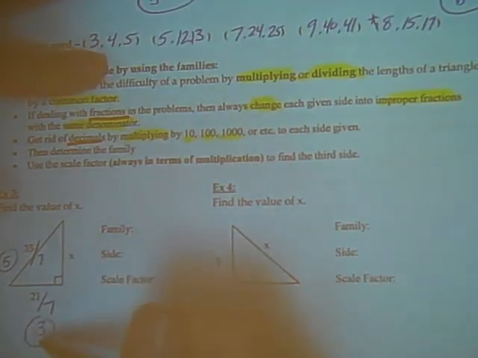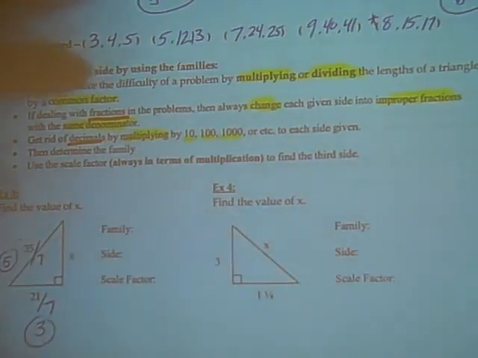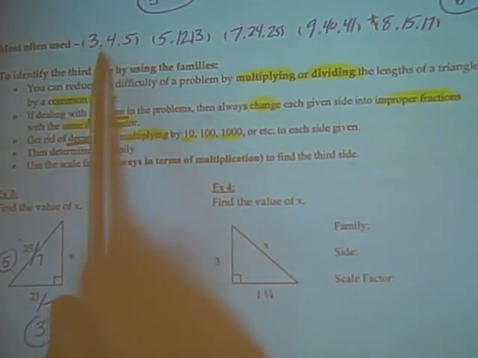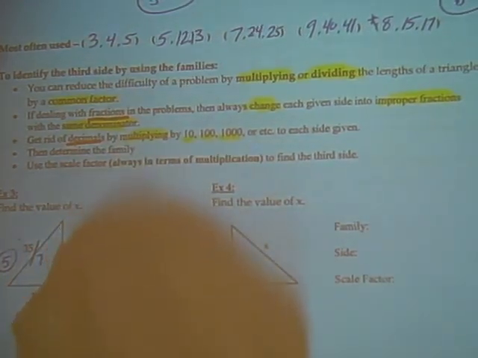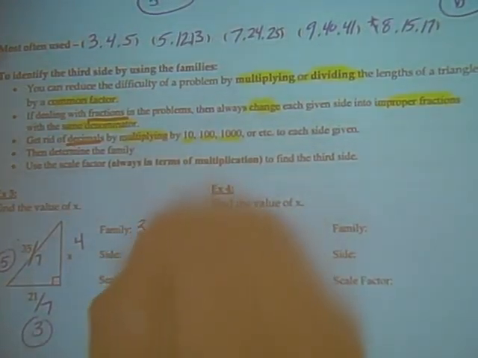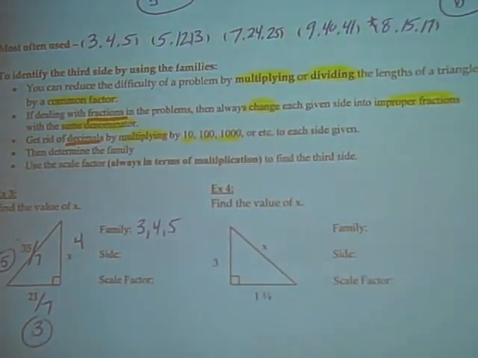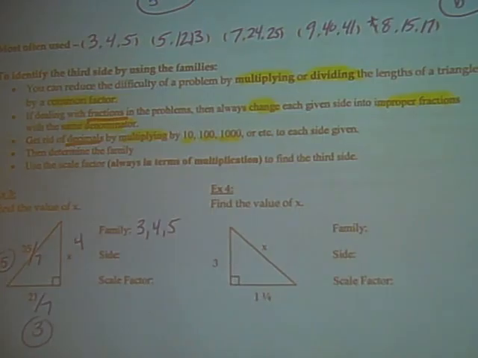So I look here, I have 3, something, and then my hypotenuse, which is 5. So first I look up here: 3, something, hypotenuse. Right now I know my missing side is 4. So my family is 3, 4, 5. Now to find my missing side, this is a little trickier.